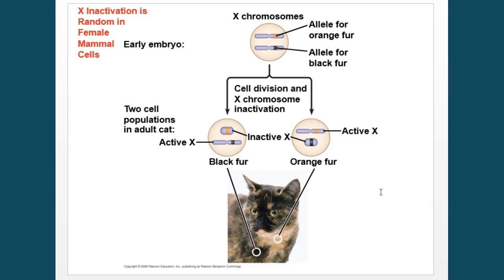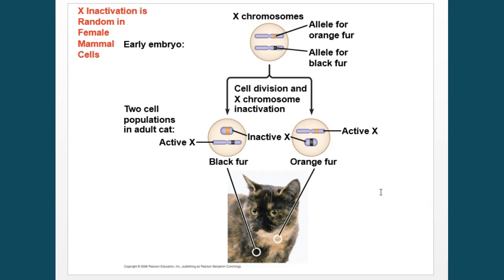This is that tortoiseshell gene. It's on that X chromosome, and the tortoiseshell phenotype requires the presence of two different alleles, one for orange fur and one for black. Normally, only females can have both alleles because only they have two X chromosomes. So if a female is heterozygous for the tortoiseshell gene, she is tortoiseshell. If female, it'll have orange patches formed by a population of cells in which the X chromosome with the orange allele is active.